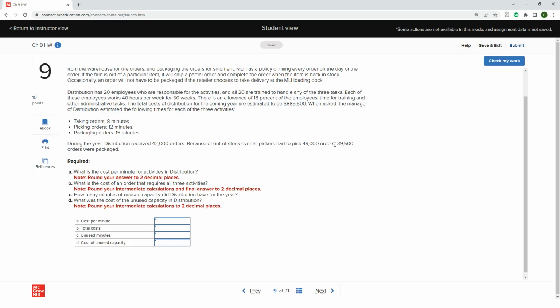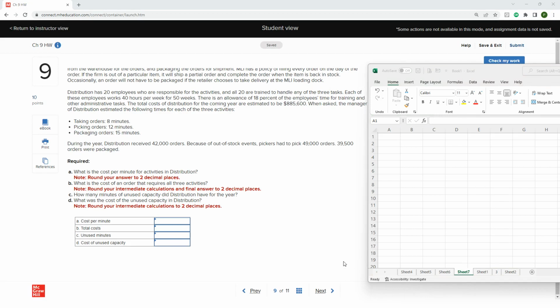So for part A, it says, what is the cost per minute for activities in distribution? So first we have to figure out how many minutes we are dealing with. To do that, we take our 20 employees times the 40 hours that they work per week times 50 weeks times 60 minutes per hour, and that gives us 2,400,000 minutes.